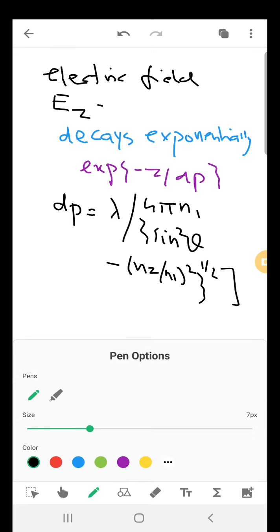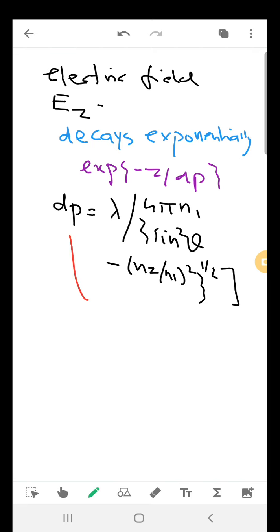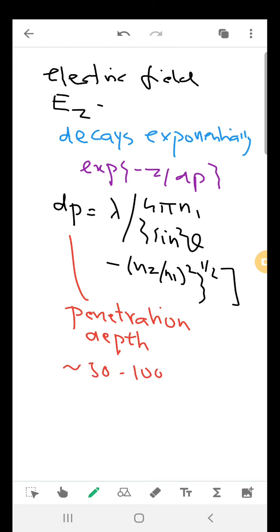This is nothing but the penetration depth of the electric field, and the penetration depth for visible light is between 50 to 100 nanometers.